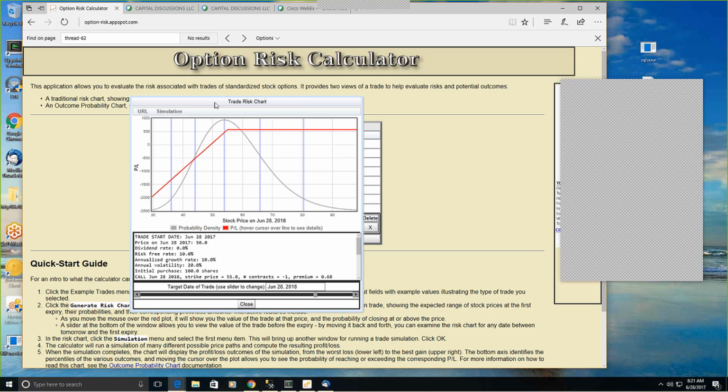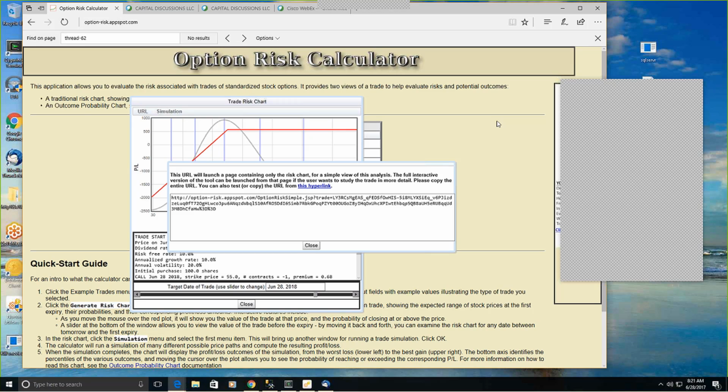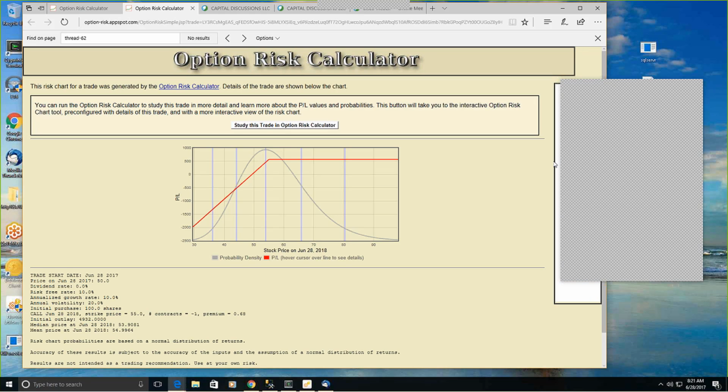One is you're doing this simulation, you've got something interesting, you want to share it. You have the ability to generate a couple of URLs that are very useful for sharing the trade. One I call the non-interactive URL. You can send this to a friend, they can launch it, and what they're going to see is a page that shows just this graph with the same animation, with the same information available as you move along the price curve.